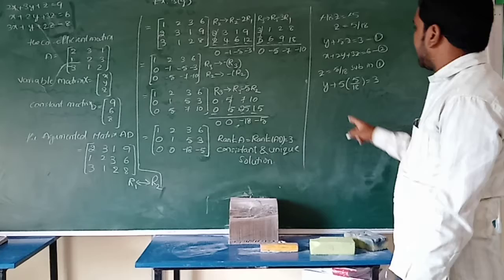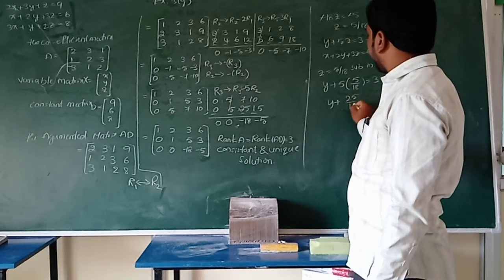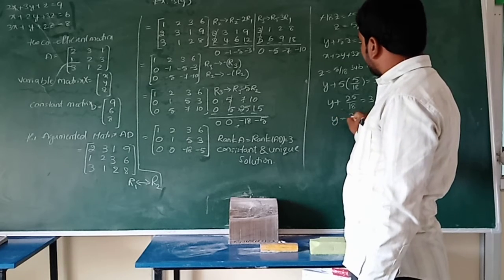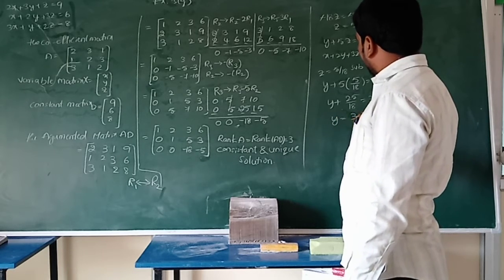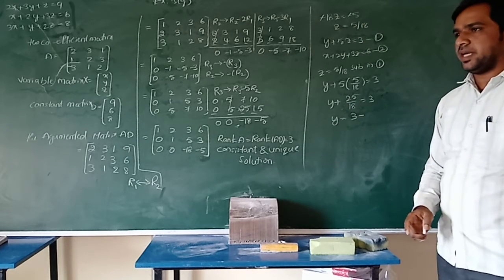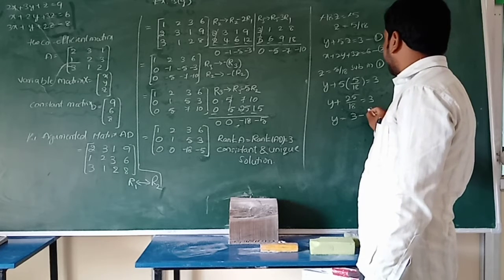Now y plus 5 5s are 25 by 18 is equal to 3. That is y is equal to 3, plus 25 by 18 comes to the right side, that is minus 25 by 18.